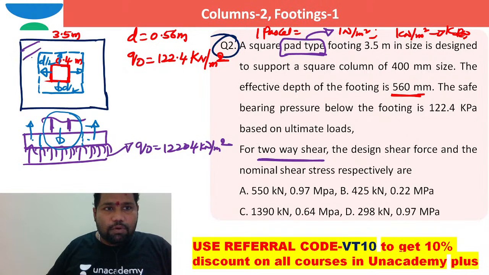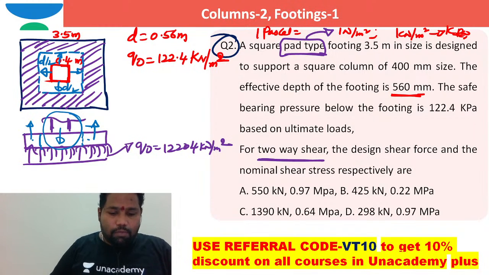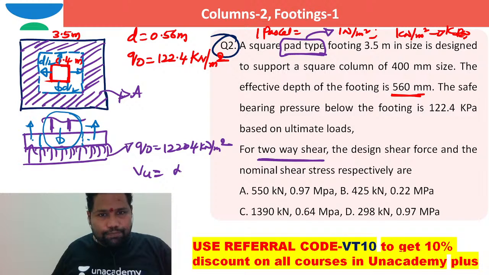This is the hatched portion. If you refer to my previous theory background, I already mentioned this is some area. If you are able to work out that area, I can take it as A. The hatched portion area is A. And Vu stands for the design two-way shear force.